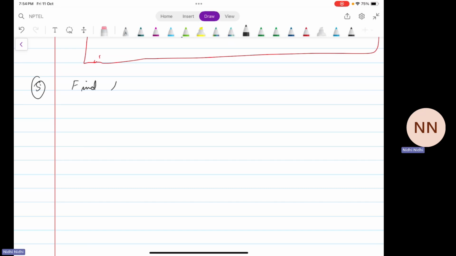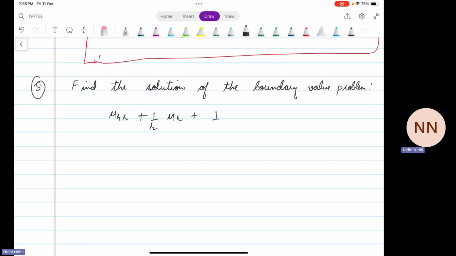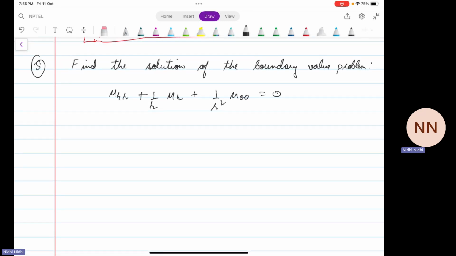Find the solution of the boundary value problem u_rr plus 1 by r u_r plus 1 by r square u_theta theta equals to 0, along with the boundary conditions u_r(r, 0) equals u_r(r, pi) equals 0 and u(a, theta) equals u naught.